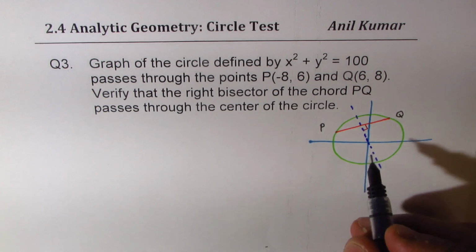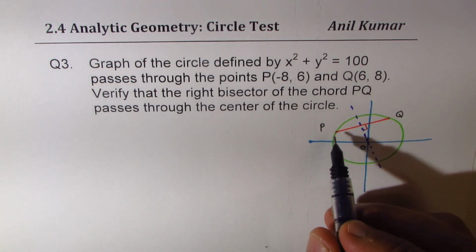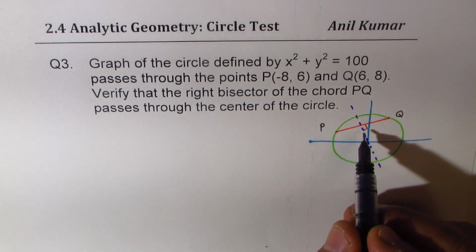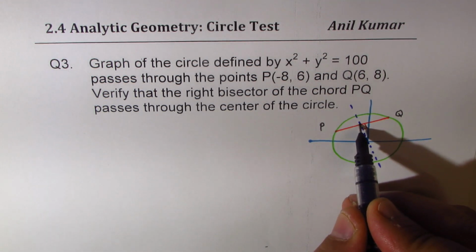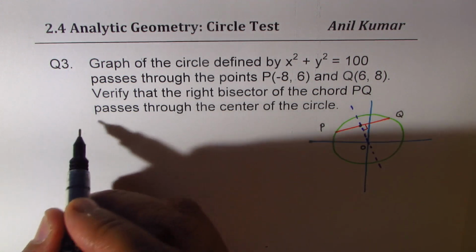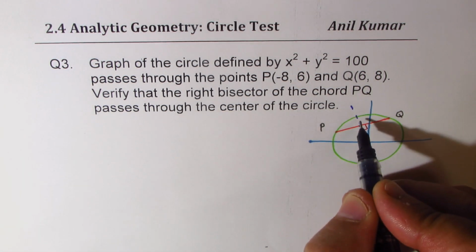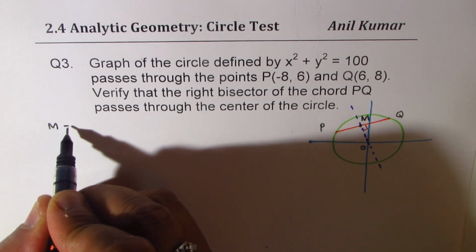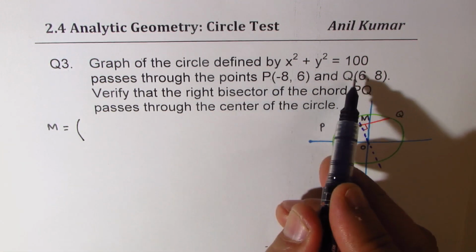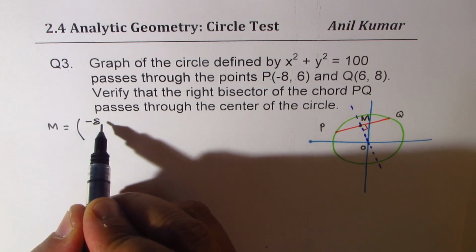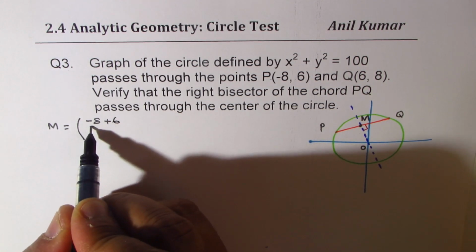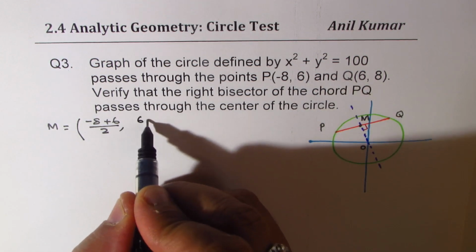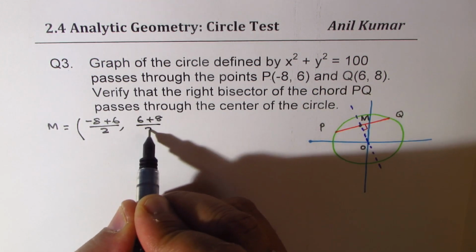Now, what we can do here is find the slope of PQ. The right bisector will have the negative reciprocal slope, and we also need to find the midpoint, correct? So let's find the midpoint first. Let's call this midpoint M. The coordinates for M will be the average of these two, so it'll be (-8 + 6) divided by 2 for the x value, and the y value will be (6 + 8) divided by 2.